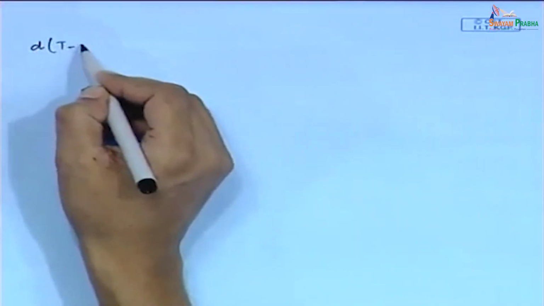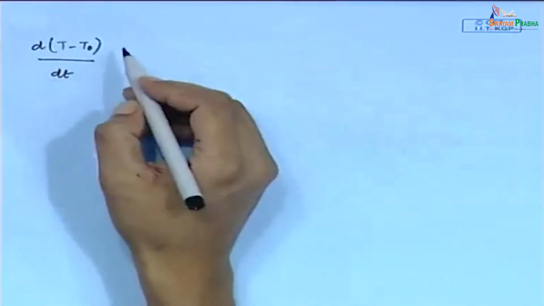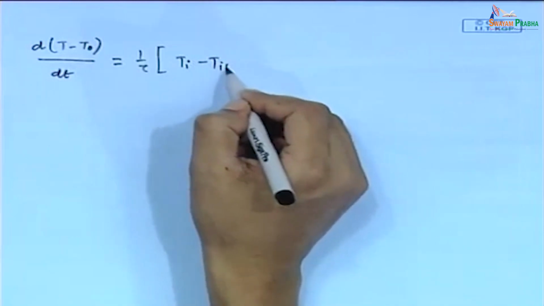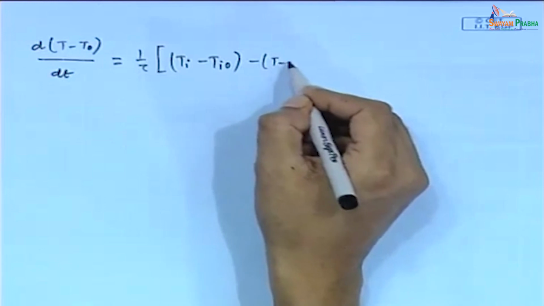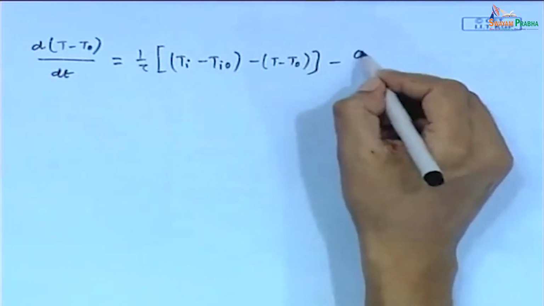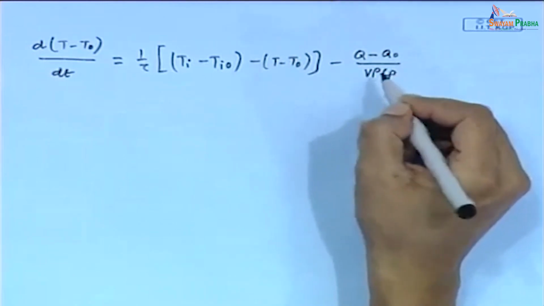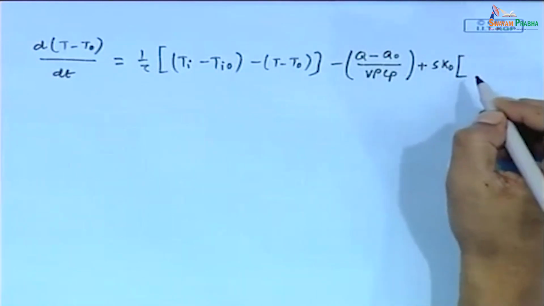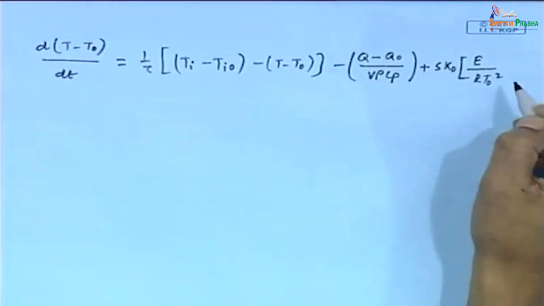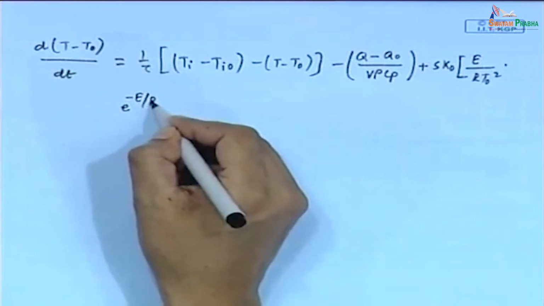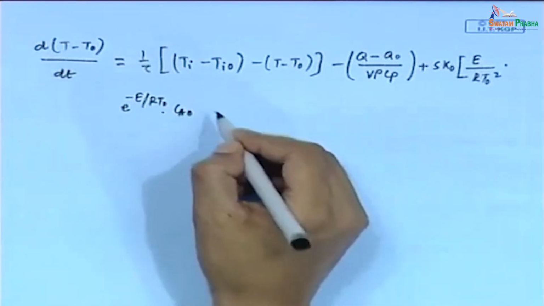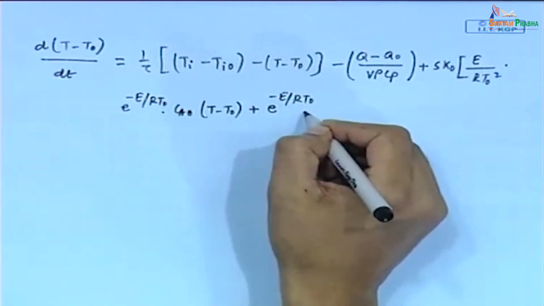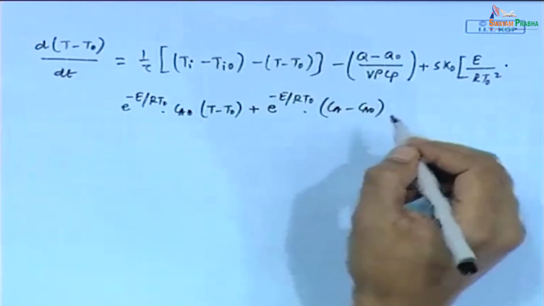That will be d(T minus T naught)/dt equal to 1 by tau (T_i minus T_i naught) minus (T minus T naught), then (Q minus Q naught) divided by V rho C_p, plus S K naught E divided by R T naught square, exponential of minus E divided by R T naught C_A naught (T minus T naught) plus exponential of minus E divided by R T naught into (C_A minus C_A naught).